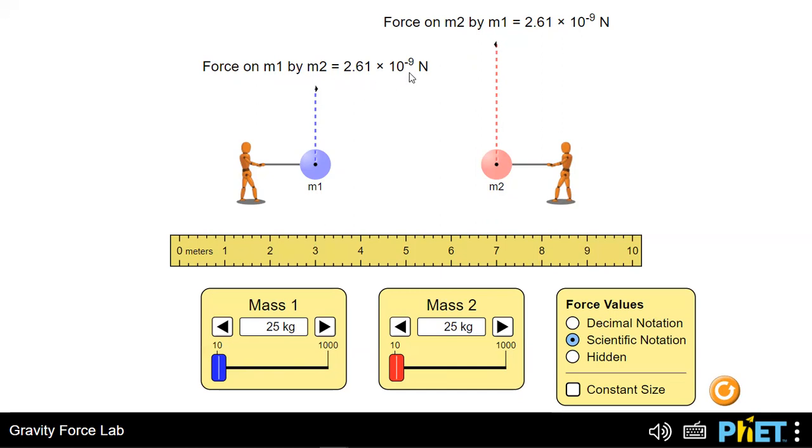raised to negative 19 newtons. We can calculate this through Newton's law of universal gravitation, where Fg is equal to the gravitation constant, capital letter G, multiplied to the quotient of M1 times M2 divided by the separation distance squared.